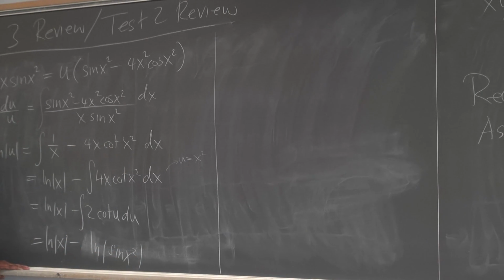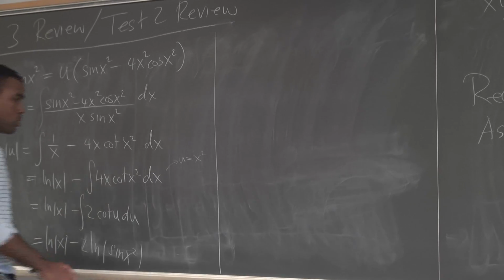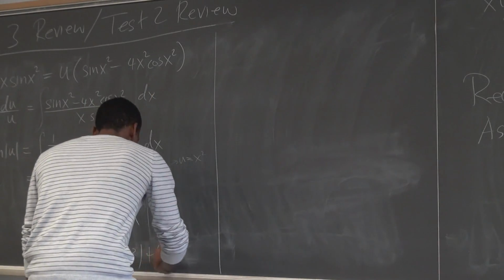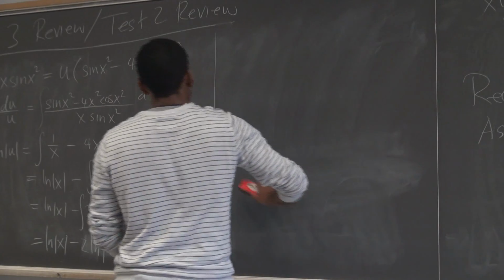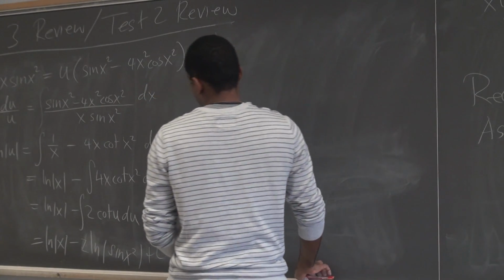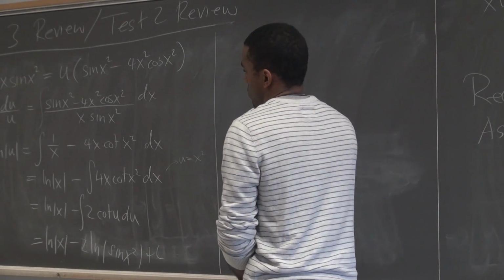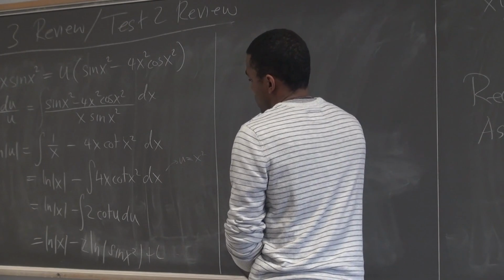Now it's supposed to be a minus, right? Yeah, so it changes. This was the minus, so plus c. How do we combine that?